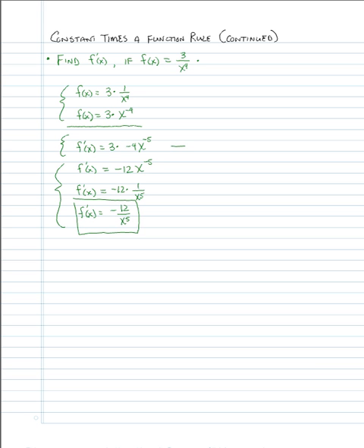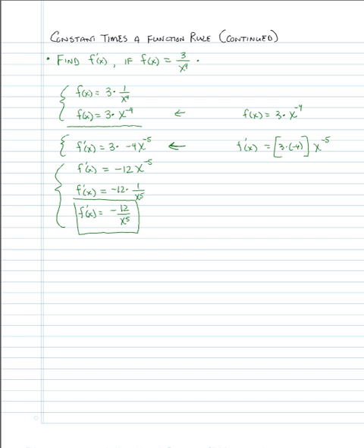Notice at this step that we have right here, when we compare these two steps, when we had f of x equal to 3 times x to the negative 4 power, and we wanted to find the derivative, then in this next step, we ended up with a 3 times a negative 4, you kind of think of that alone, and an x to the negative fifth. I just kind of rewrote what I have over here on the left side.